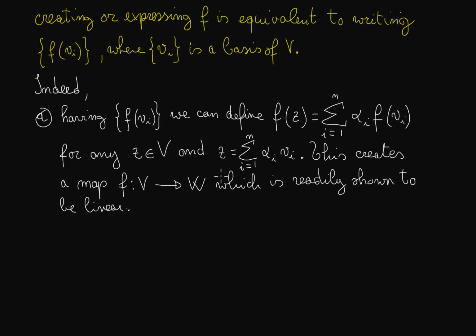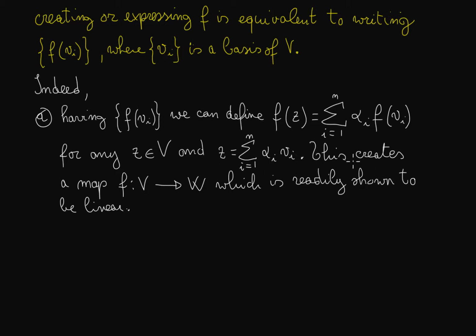Then, with this data, with these alpha_i, I can define f, which so far is just acting on the elements of the basis vi. I can define f on any element z in the domain by the following formula: I take a linear combination of the images of the vi's, using the same coefficients as the ones I have obtained in this expression here.